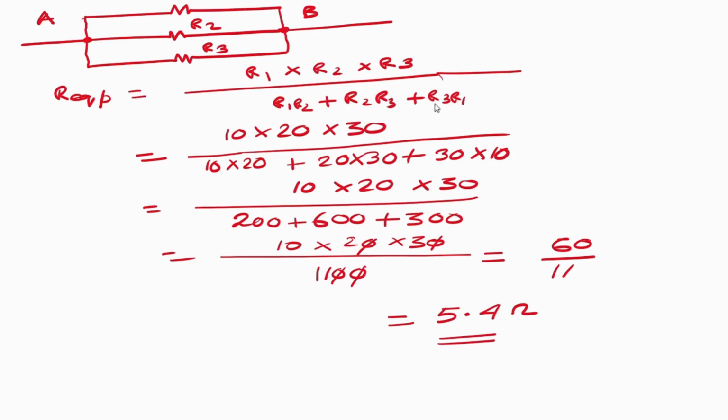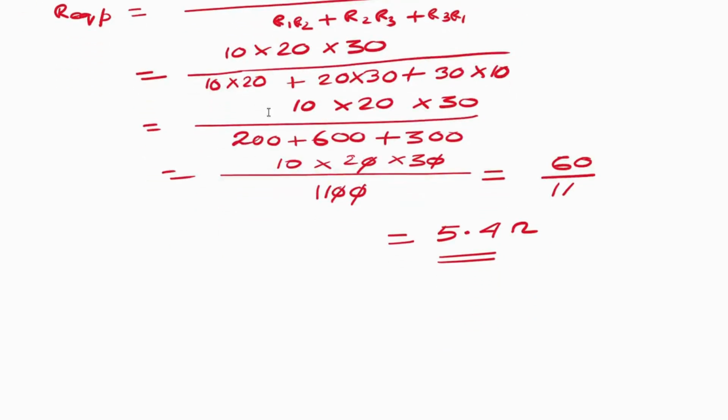So here the equivalent resistance will be 10 multiplied by 20 multiplied by 30, divided by 10 into 20 plus 20 into 30 plus 30 into 10.